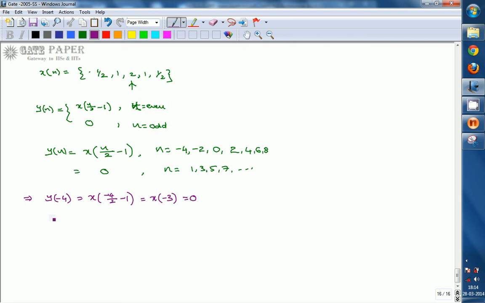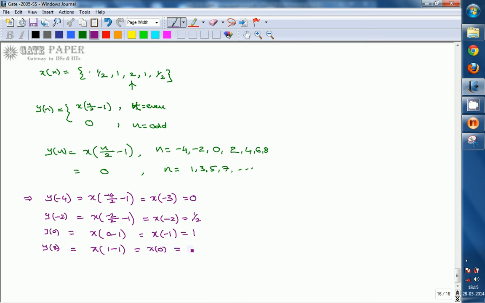And substituting n equals -2, y of -2 equals x of -2 by 2 -1, that is x of -2, which equals 1 by 2. And y of 0 equals x of 0 -1, that is x of -1, that is 1. And y of 2, only even, that is x of 1 -1, that is x of 0, that is equal to 2.